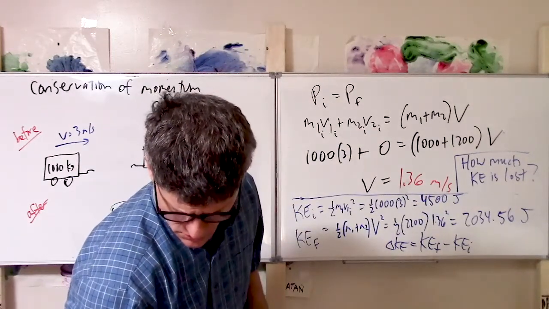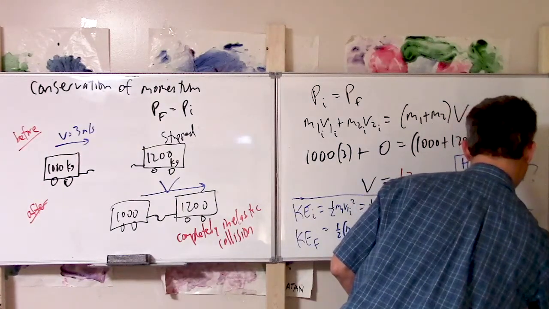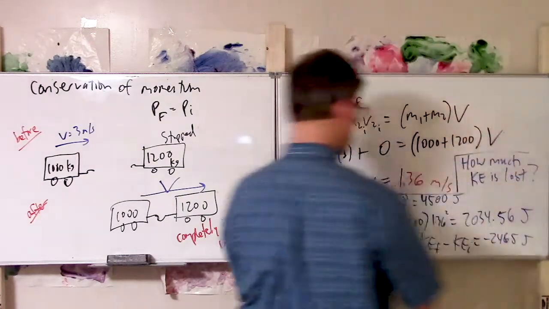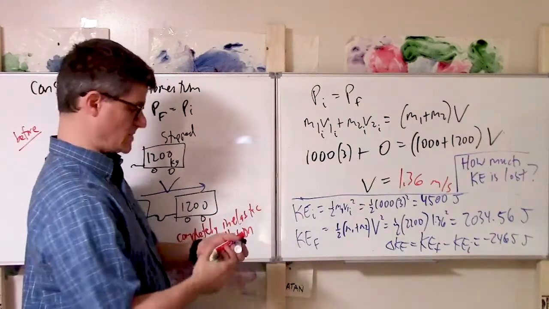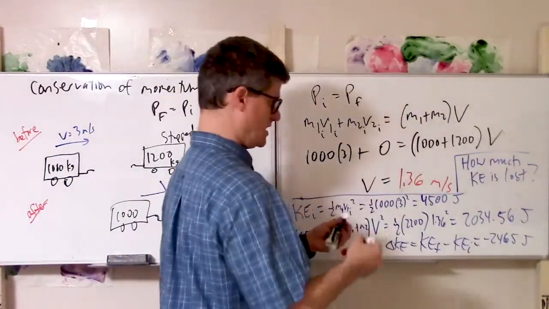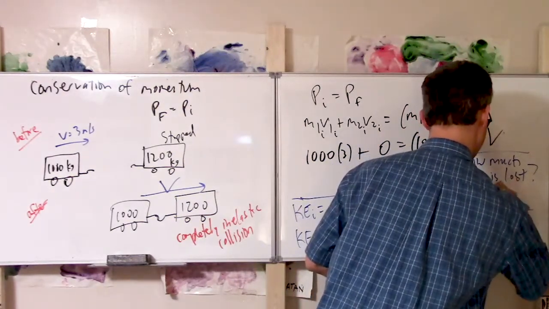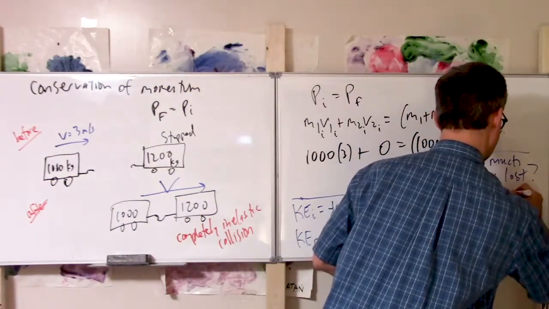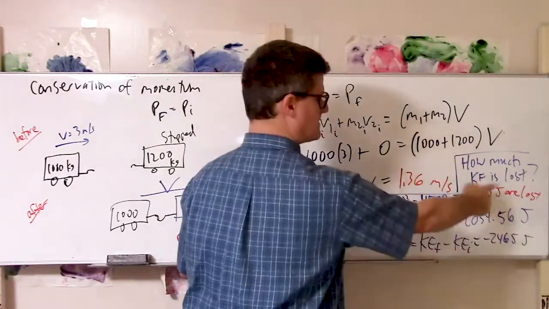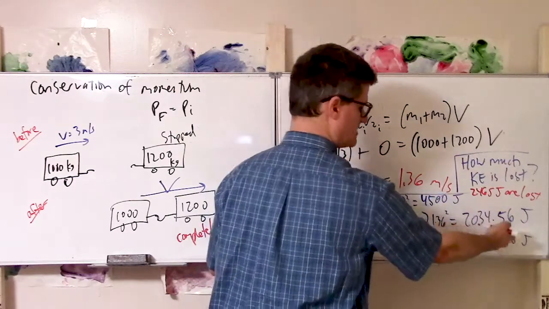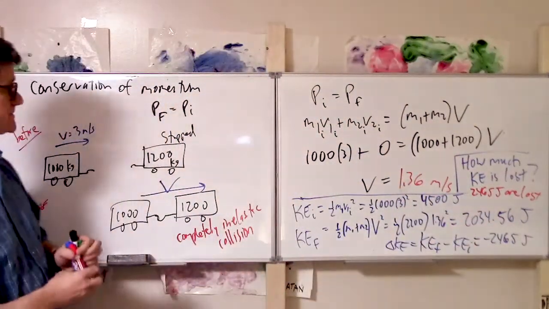Negative 2465. Okay, that's the change in kinetic energy. The change from beginning to end was negative, so that means we lost. So 2465 joules are lost. So basically, the change is a negative number. The amount lost is the absolute value of that, the positive number.